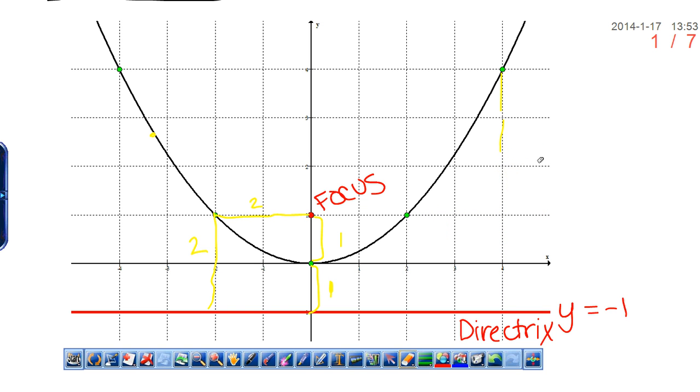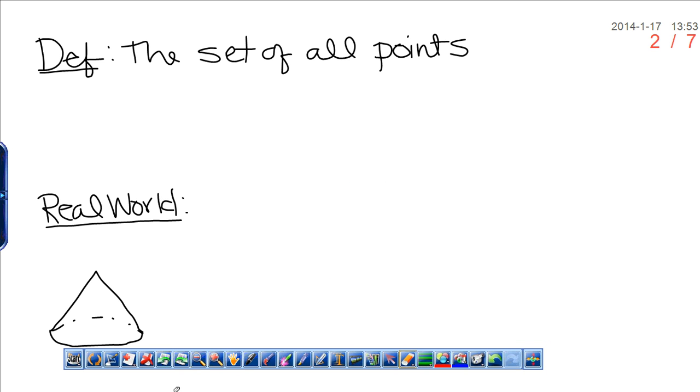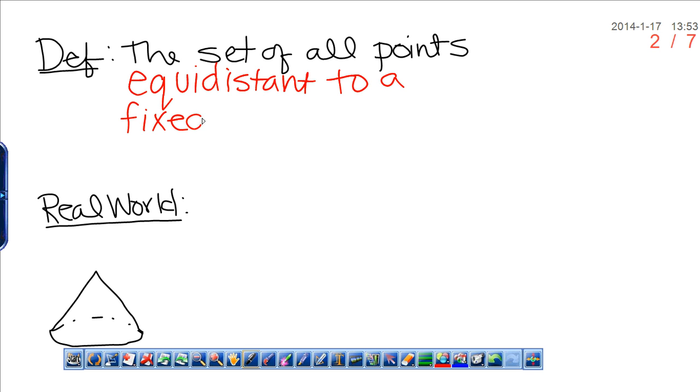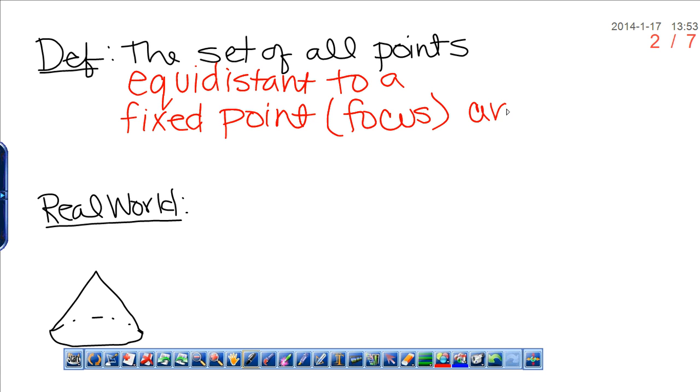I'm erasing this, sorry, for when I come back in a minute. Okay, so let's define our parabola. Our parabola is the set of all points equidistant to a fixed point, and we call that fixed point the focus point, and a fixed line called the directrix.